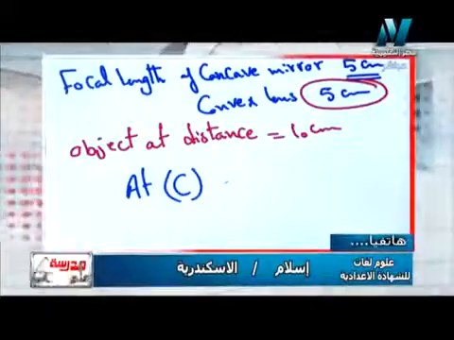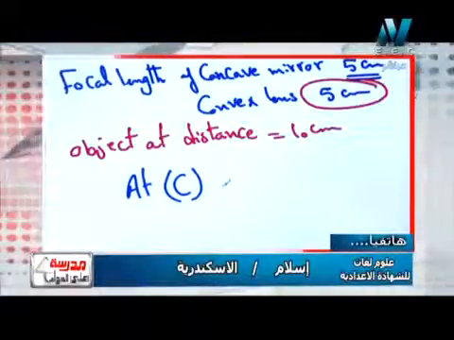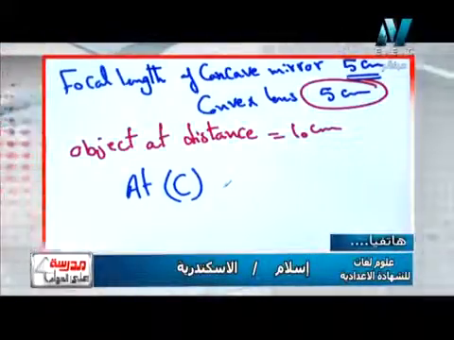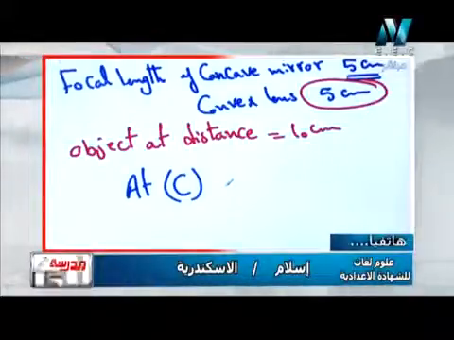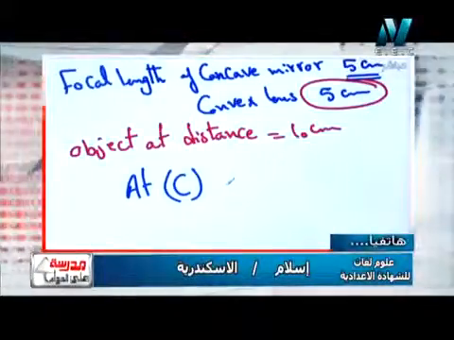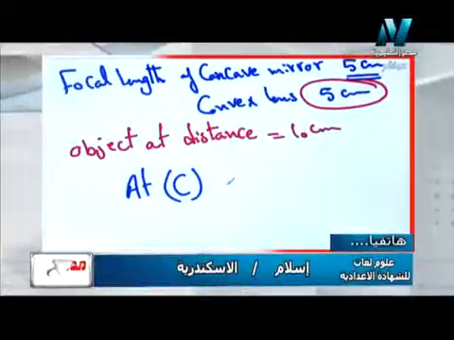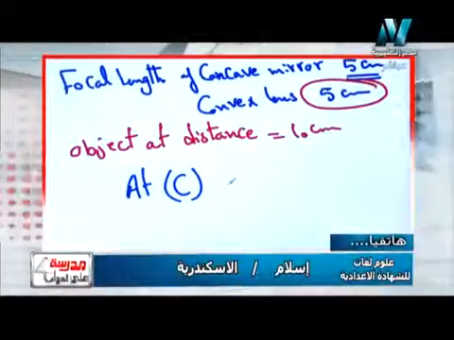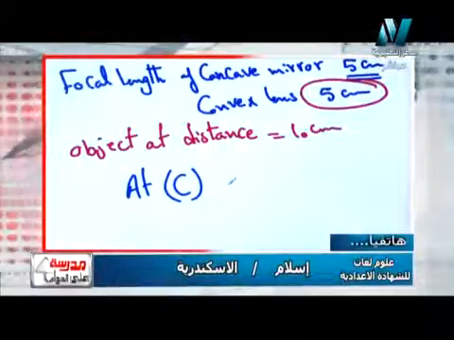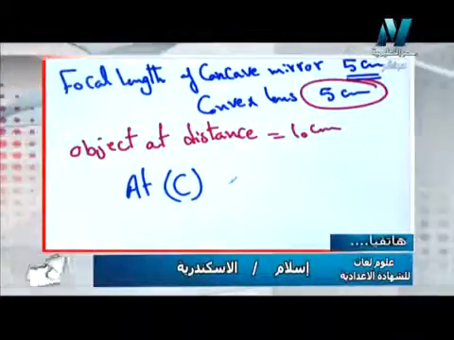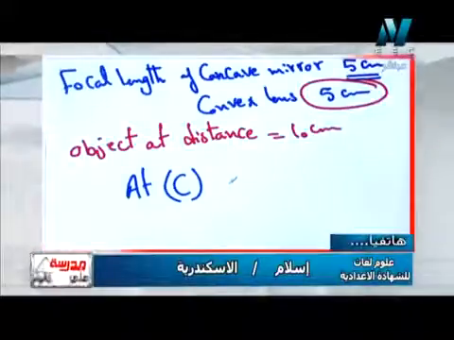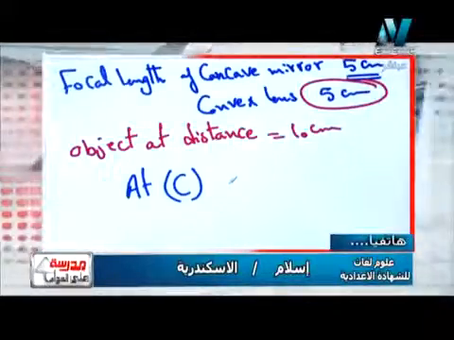So the image will be at the center of curvature, and what in size? In the concave mirror it will be equal to the object, and inverted. The convex lens also will be equal to the object, real and inverted. But in the convex lens it is on the other side.